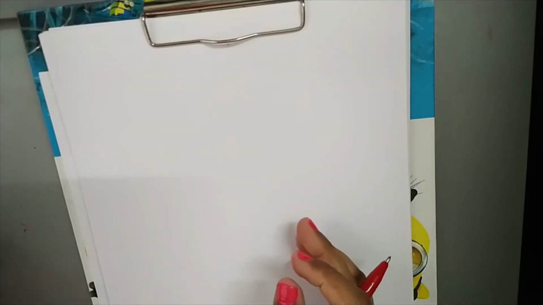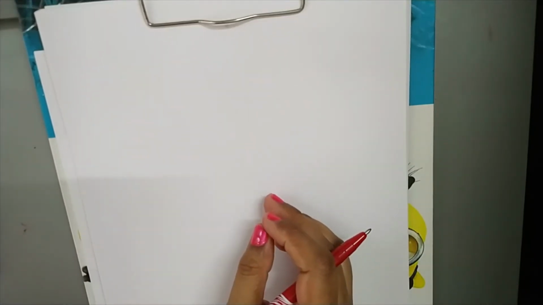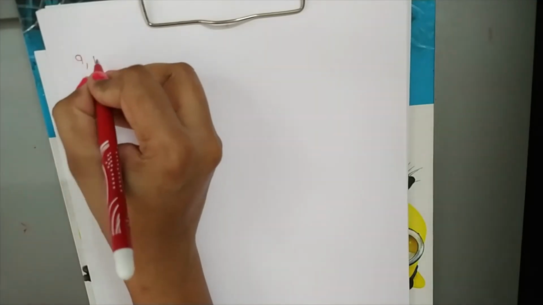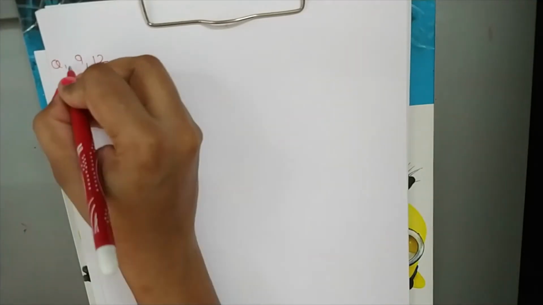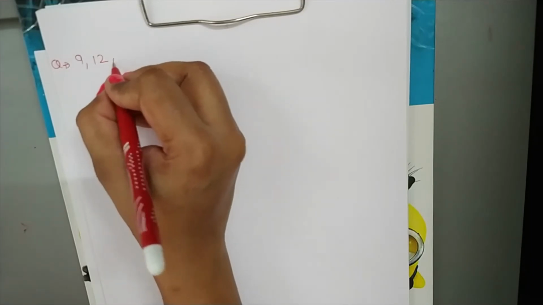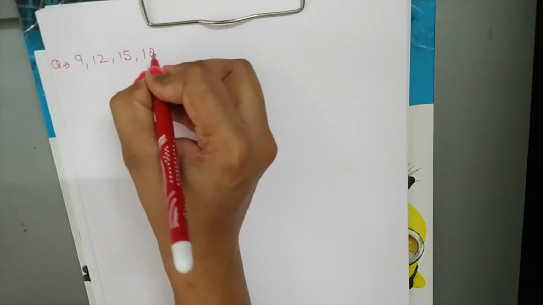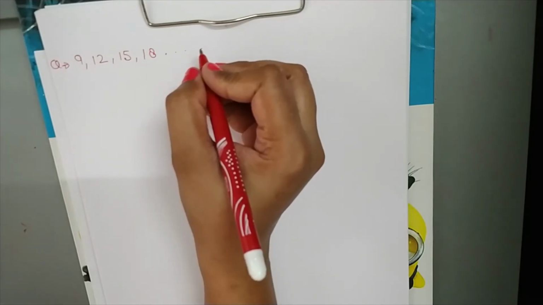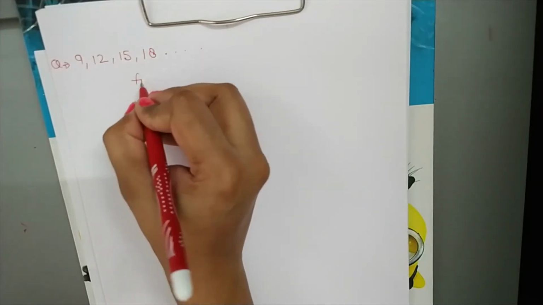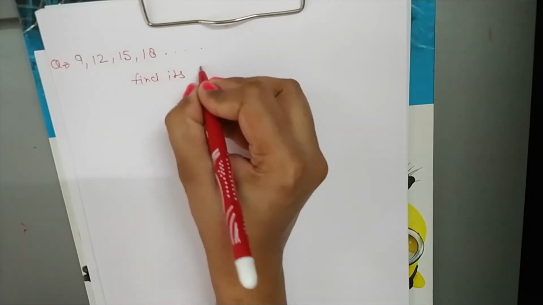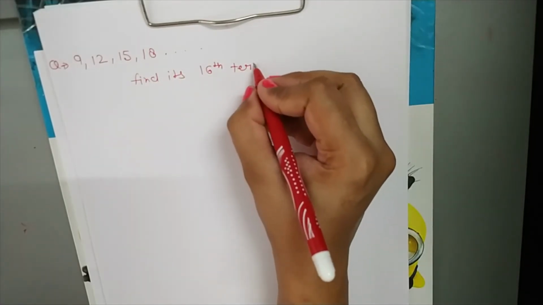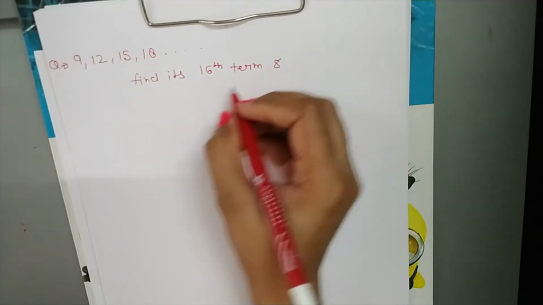Now move on to the next question: show that the sequence 9, 12, 15, 18 is an AP. Find its 16th term and the general term.